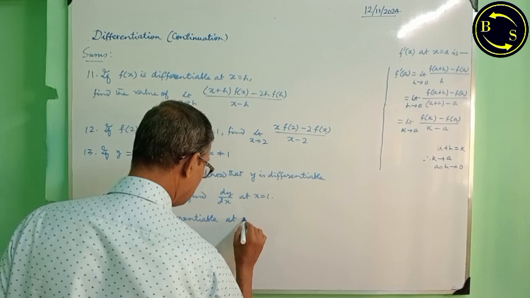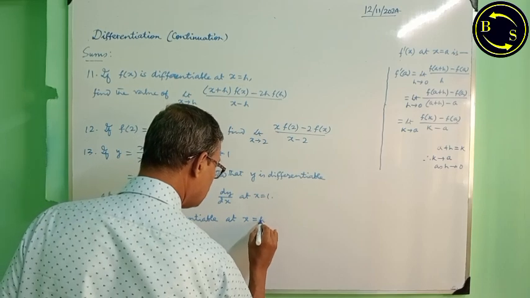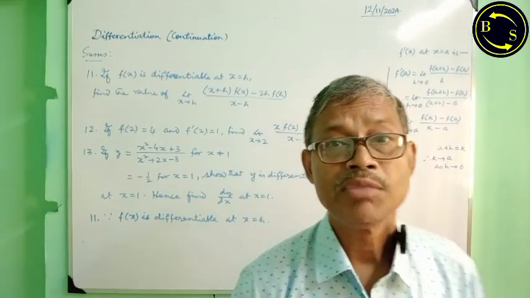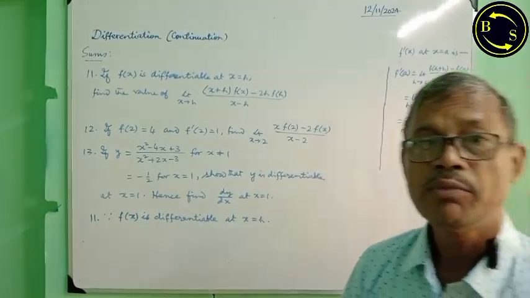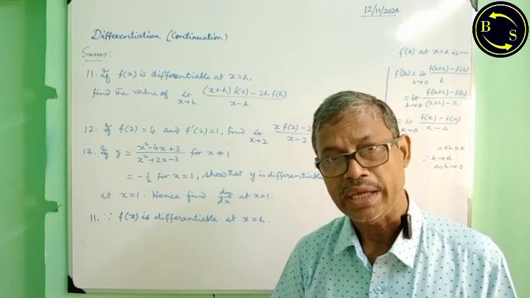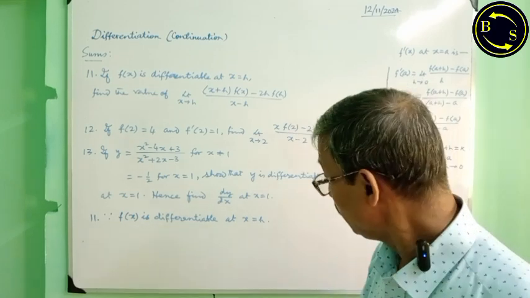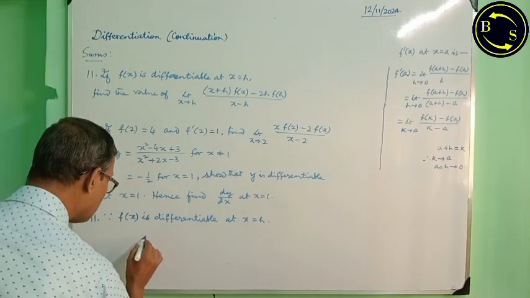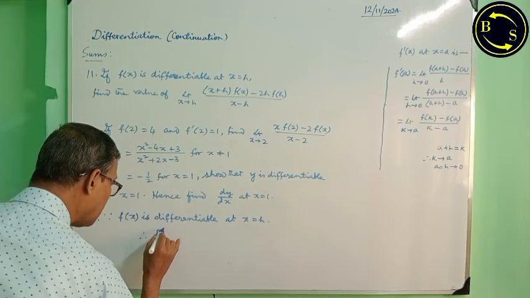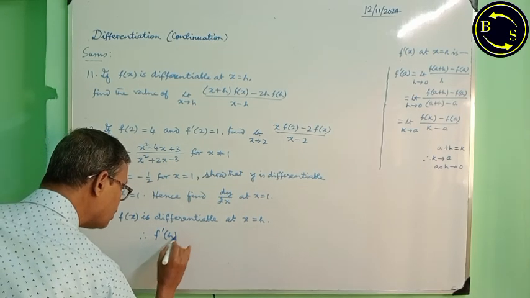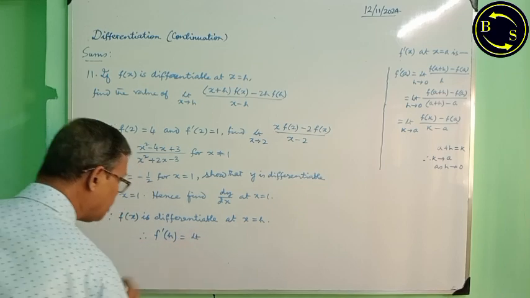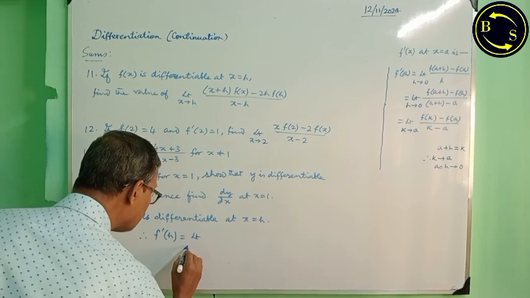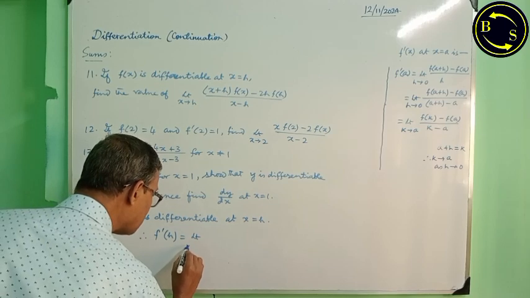at x equal to h, already it is discussed that f dash a, that means derivative of f(x) at certain point x equal to a, will be the limit. Therefore f dash h, I take this one.